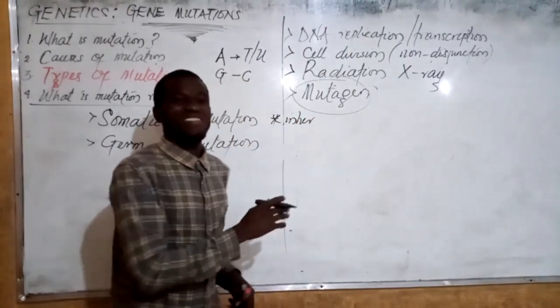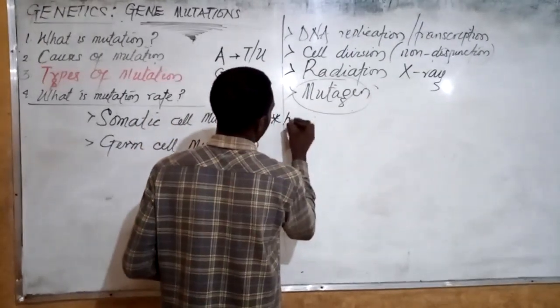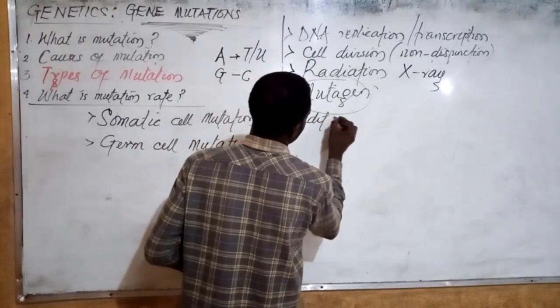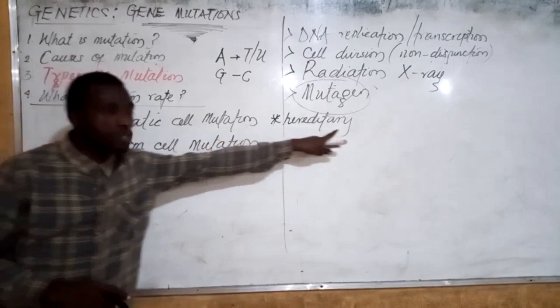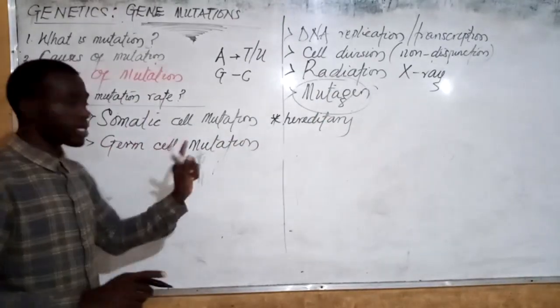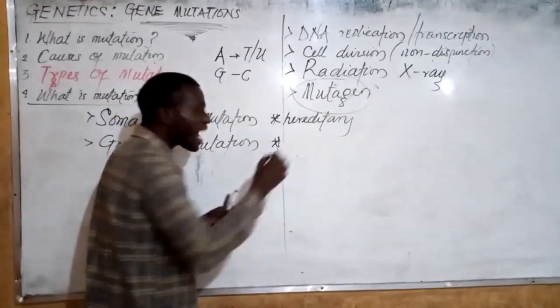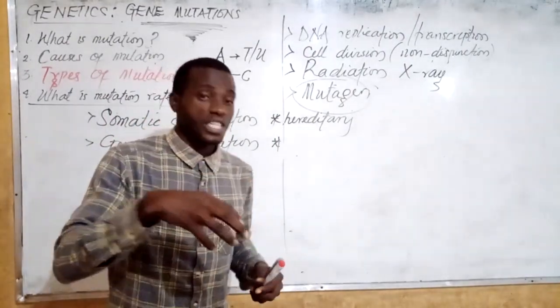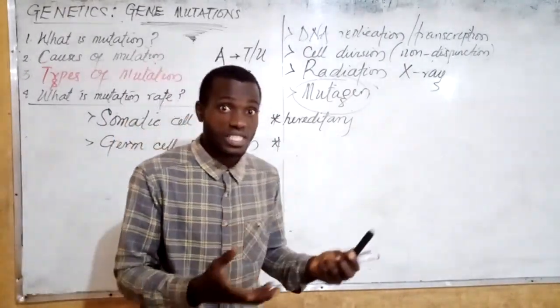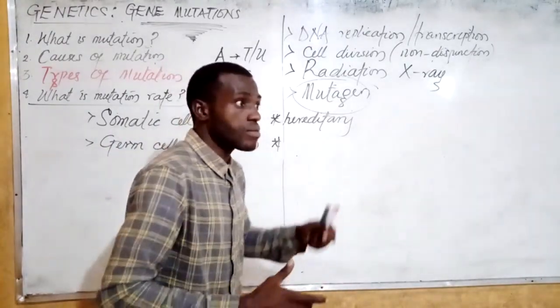It is not hereditary. So note that somatic cell mutations are not hereditary, while germ cell mutation, because it is happening to the sex cells, which of course make the new generation, is heritable.